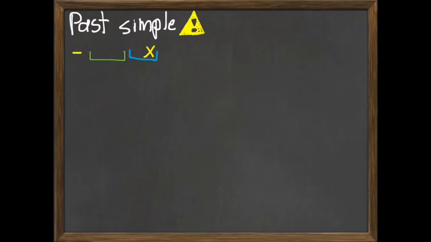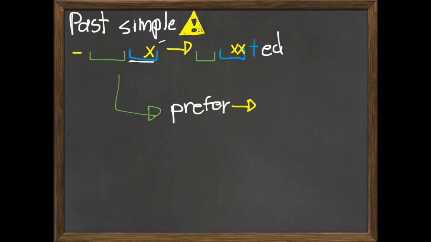Now, verbs that have two or more syllables and whose last syllable is stressed and ends with a consonant will double that consonant and also add an ed at the end. For example, prefer.